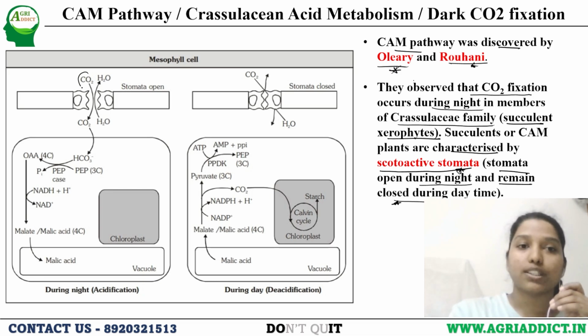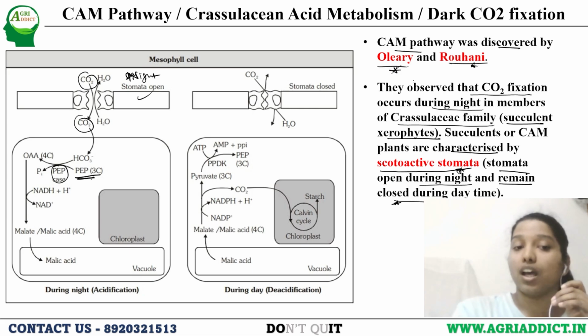Now, as the stomata is open, this is night time. Okay, in night time they are opening the stomata, carbon dioxide is getting inside. This carbon dioxide is getting fixed using this PEP carboxylase enzyme and PEP compound, as we studied in C4 plants also. So they are converting it into oxaloacetic acid, a 4-carbon compound.